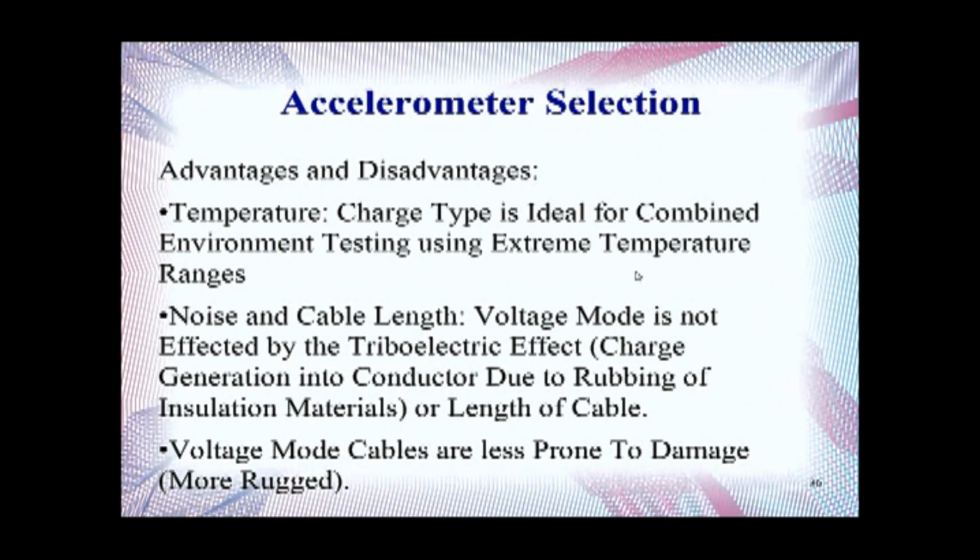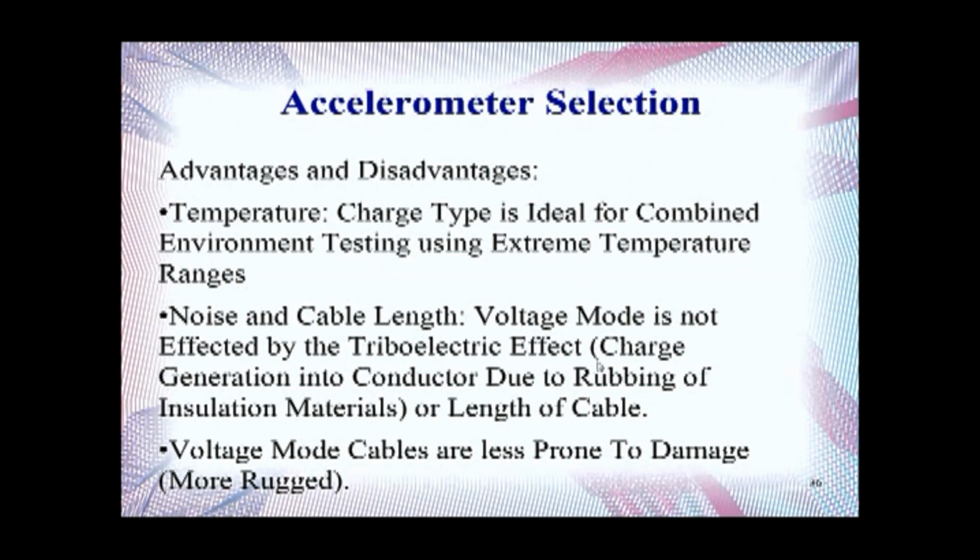However, charge type accelerometers are susceptible to the triboelectric effect, and they are also affected by the length of cable. So the longer the cable, the more it will affect your signal input back into your signal conditioner. So charge type accelerometers are affected by length and can be affected by the triboelectric effect.